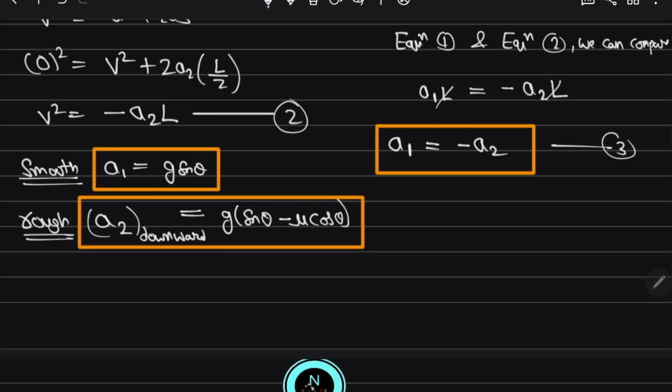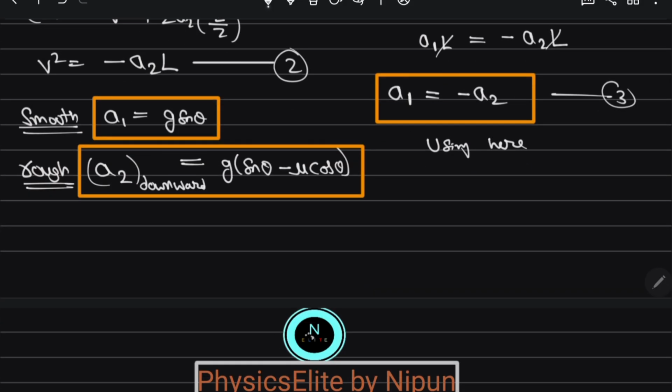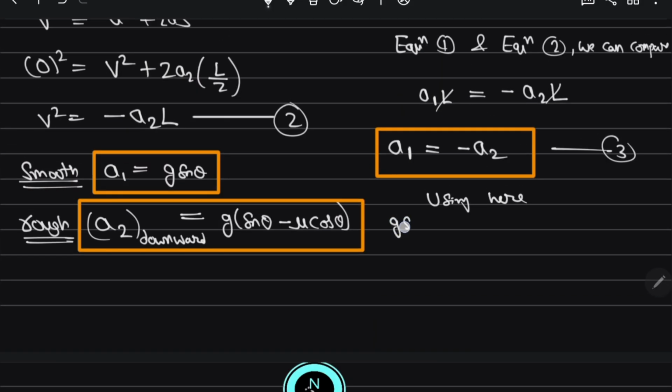So these two equations we are using here. So here you see that a1 is basically g sin theta.